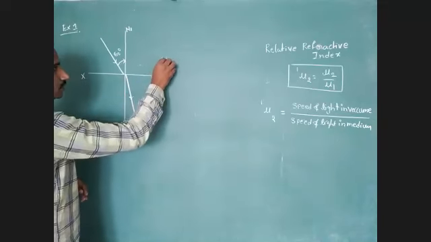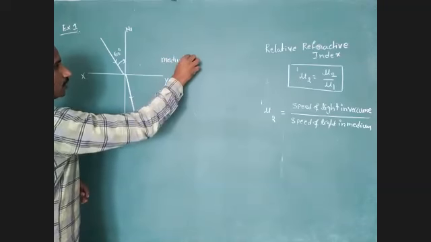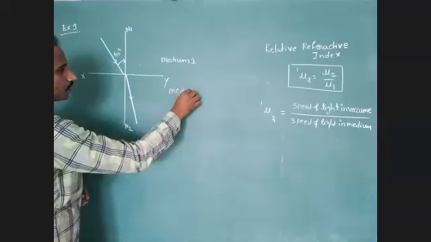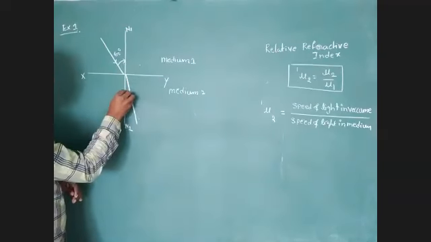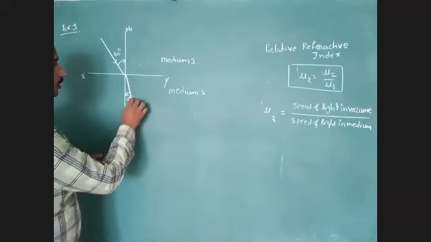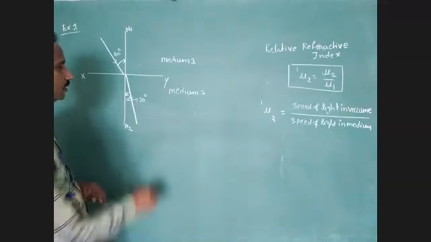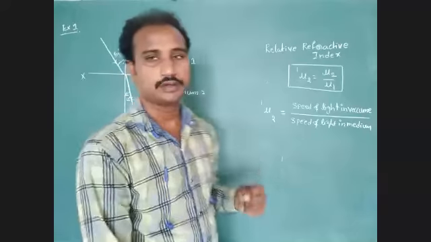Here, consider this medium 1. It represents medium 2. Okay, angle of refraction represents angle R. Angle R equals how much? 30 degrees. Angle R equals 30 degrees.